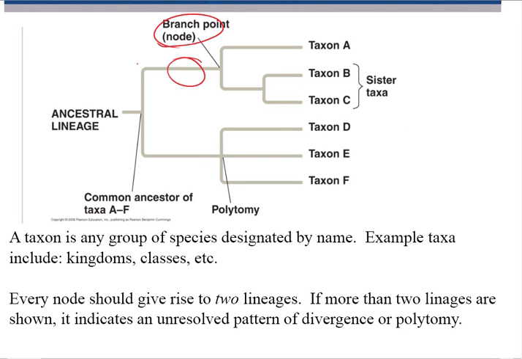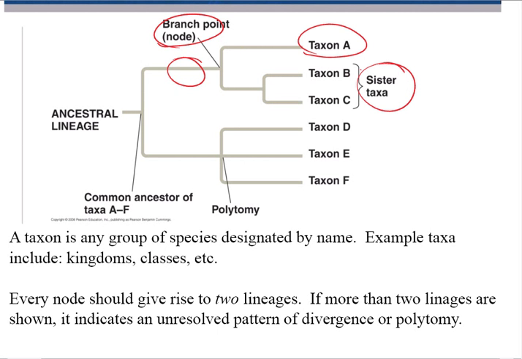If you're with me from the study of microevolution, we talked about this process a little bit. Once they split and then accumulate differences over time, we might end up with entirely different species represented by these taxa.